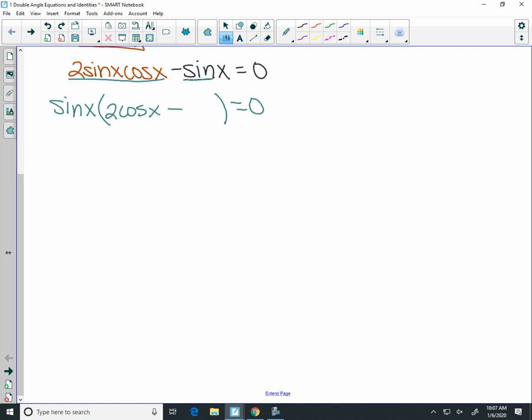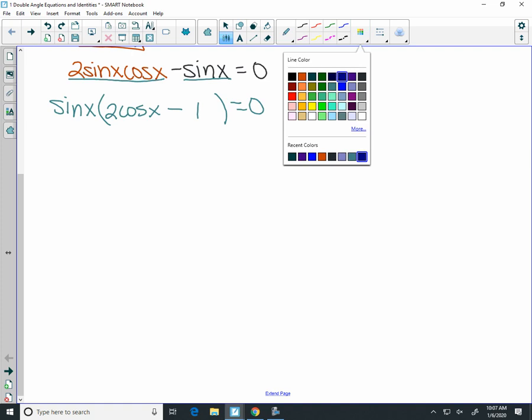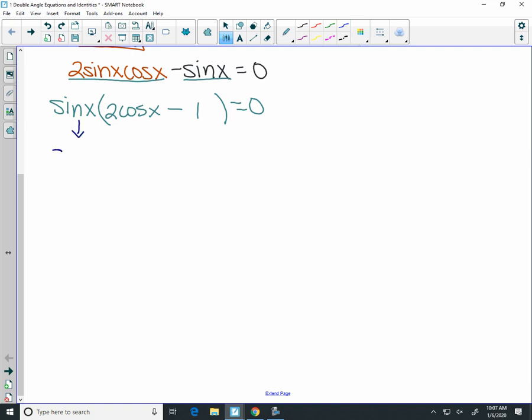When I divide a sine of x out of here, I'm left with 1. And now you have 2 little guys you can set equal to 0. So this one, 2 cosine minus 1, so add 1, divide by 2.